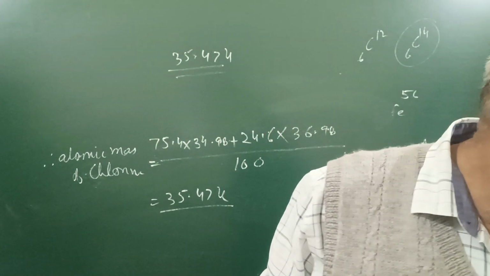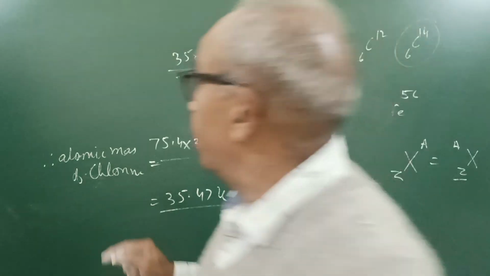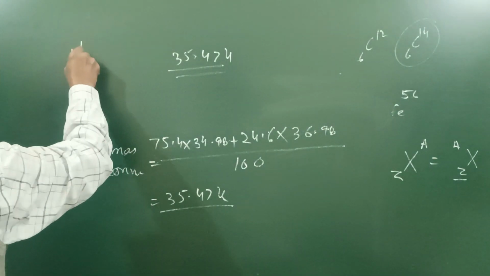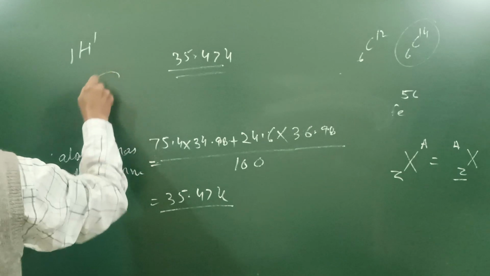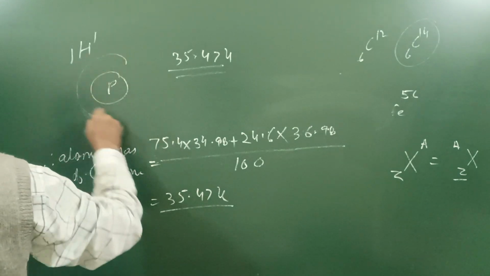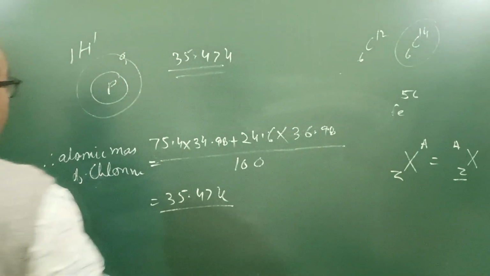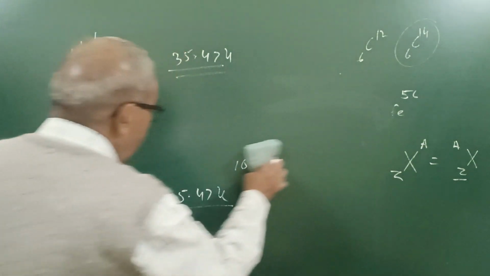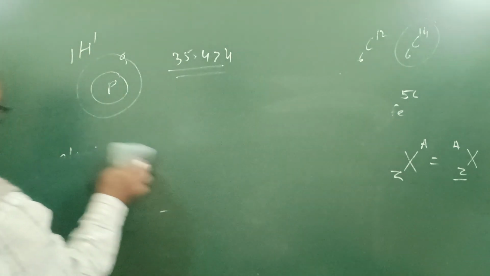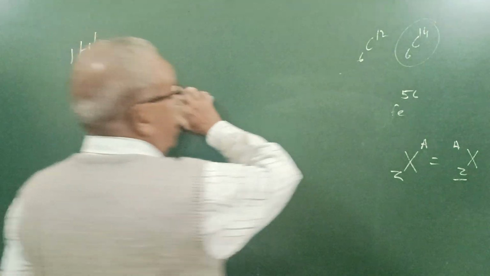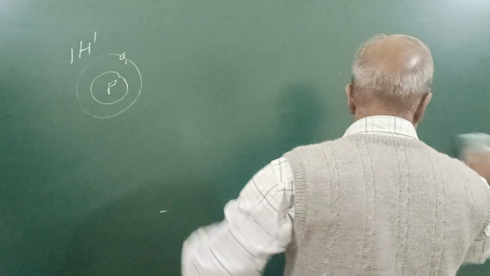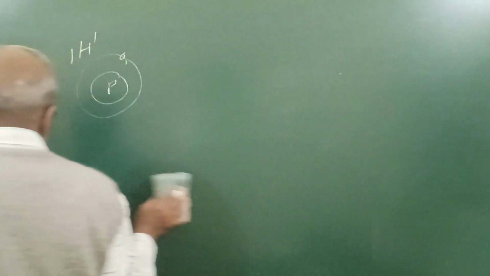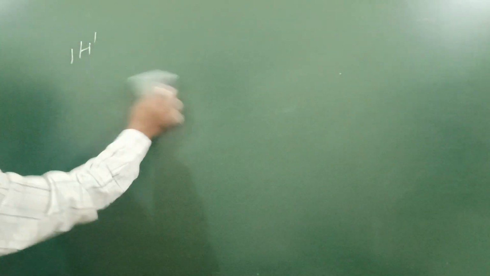So I told you that in the case of 1H1 the simple problem was there, 1 proton 1 electron, but when the discovery of isotopes took place, hydrogen was found to have 2 more atoms which have mass twice and thrice of this. Then what is inside the nucleus?